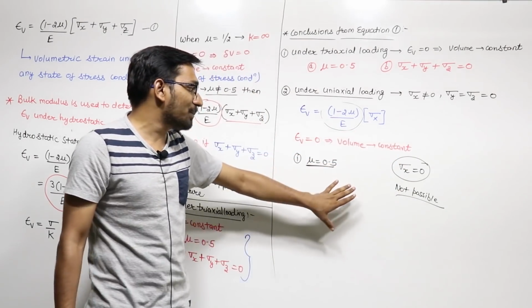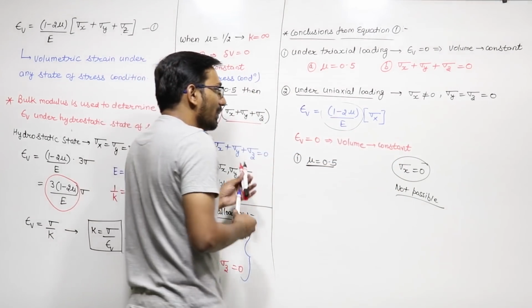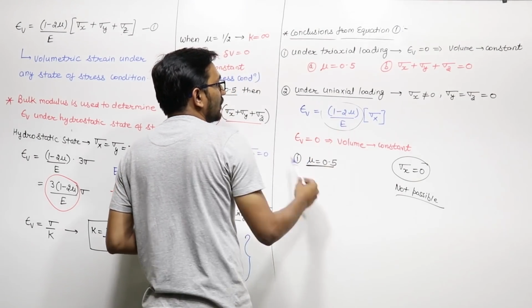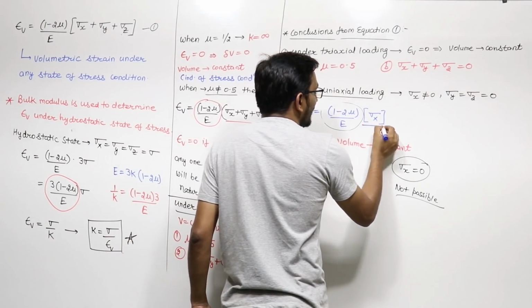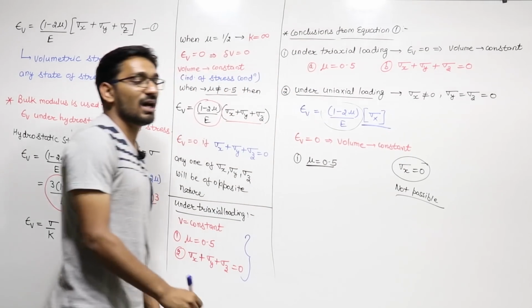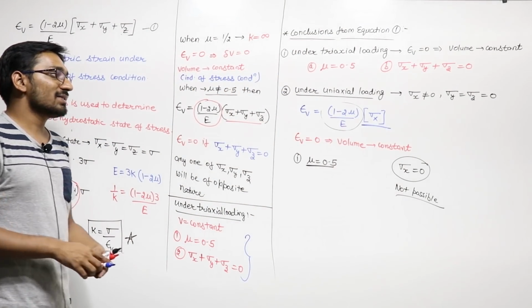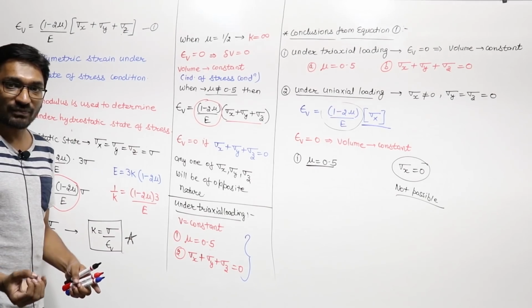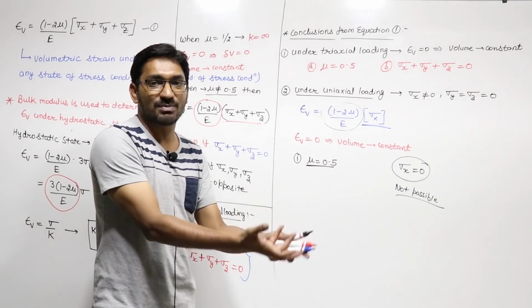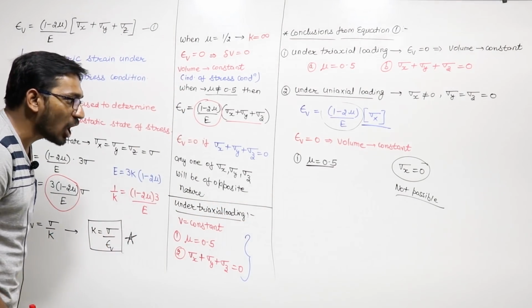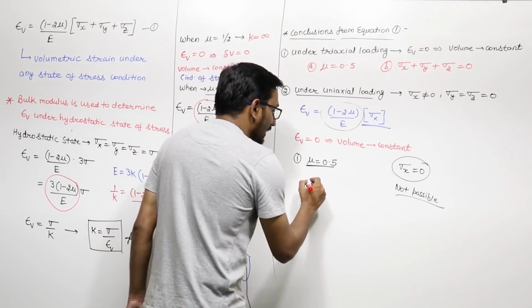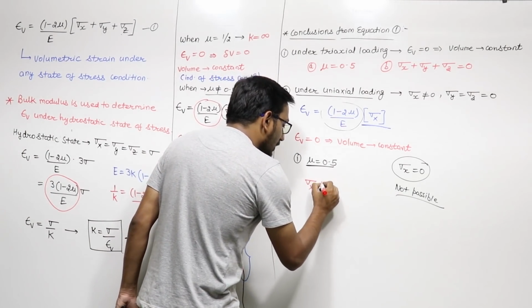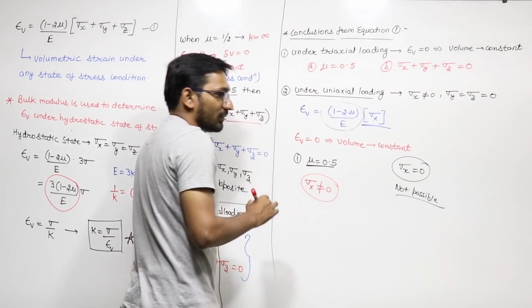To make this equation 0 through the second option, sigma x cannot be 0, because it is uniaxial loading and sigma x must have some value. If a load is there, then stress must be there. So sigma x cannot be equal to 0.